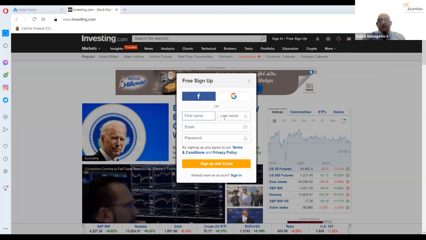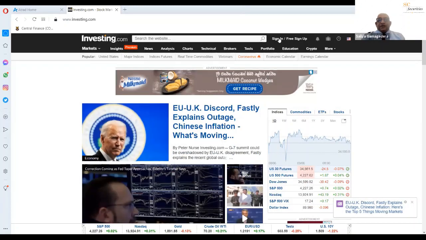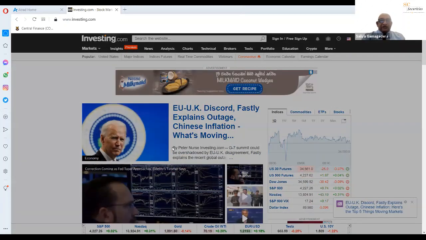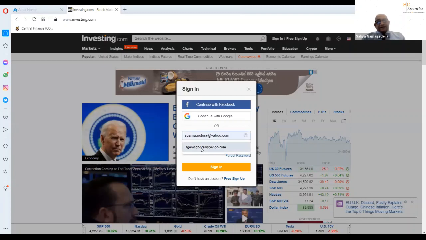You enter your name, email address, and whatever password you want, and click on sign up. You will be taken to your email, so that you will be able to use their links to get the signing in done. Once you do it, you can use your email address like this, enter your password and sign in.